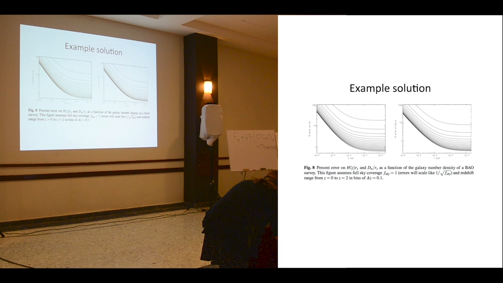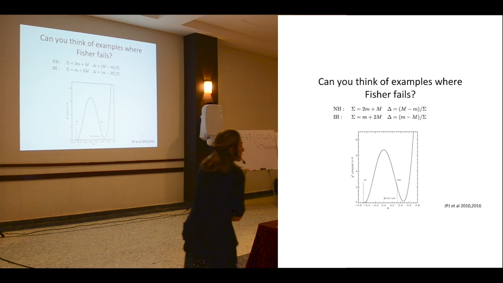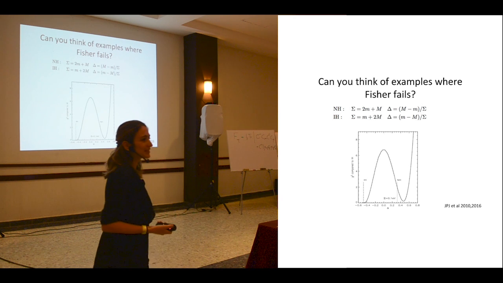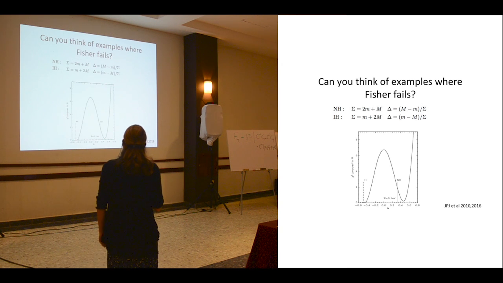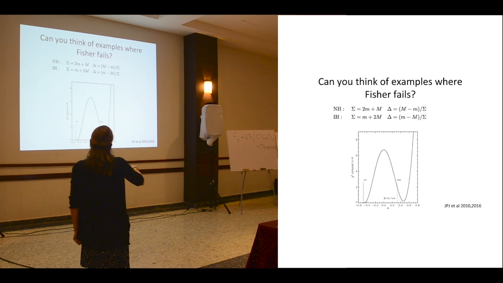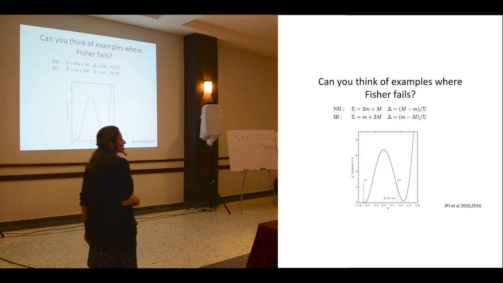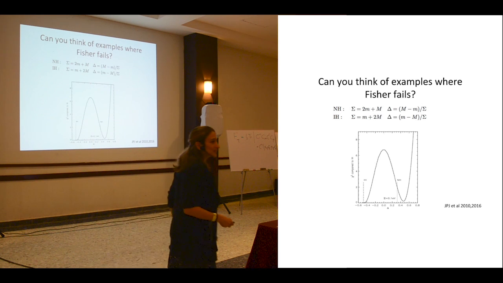So the next thing I want to ask you is, can you think of an example where Fisher fails? And that's an example, of course. If you have a chi-square, in this case a log likelihood, that goes like this, then with Fisher you may sit around here and expand as a quadratic, which will work fine as long as you remain around here, but the moment you go beyond this point, then of course Fisher fails.